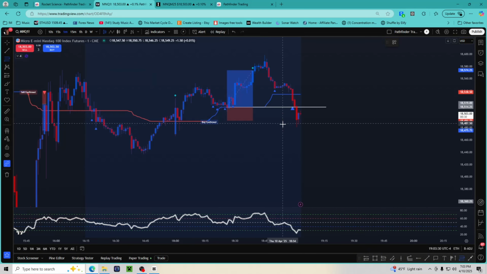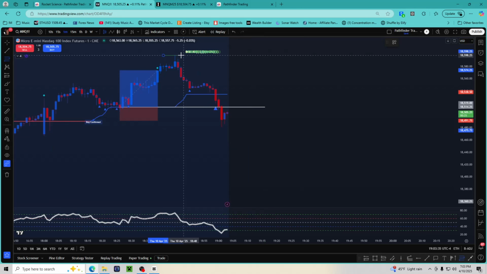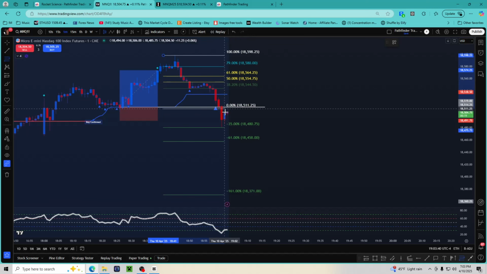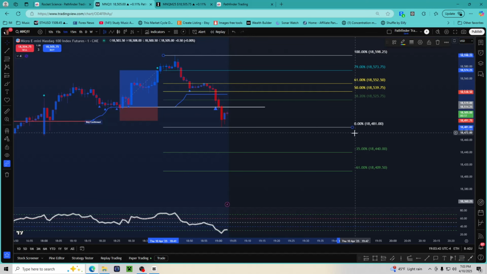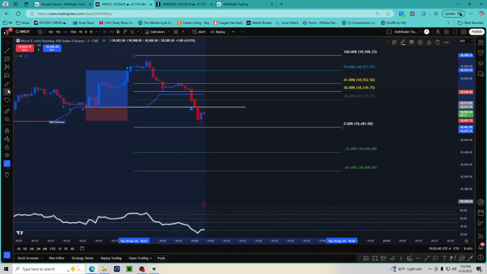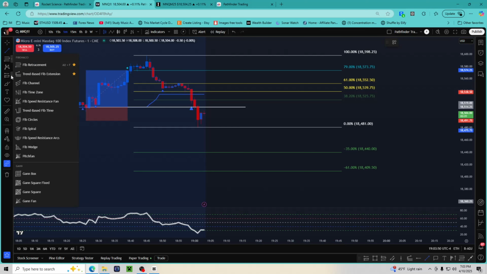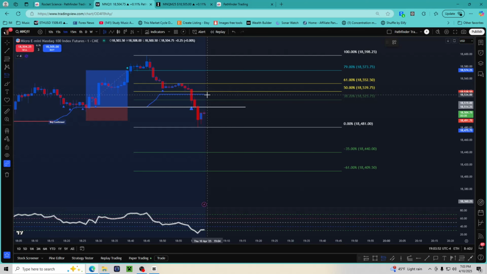What we can do is take our Fibonacci. I'm going to go from the very top of the market that comes down to this, and take it to the bottom here and drag that across. Then you have a zone that you're looking to take a trade from, which would be from the 50% level.